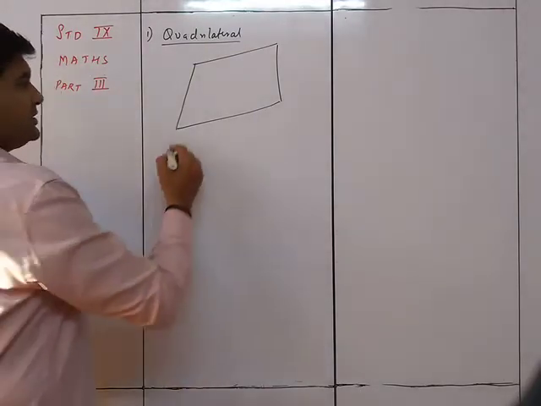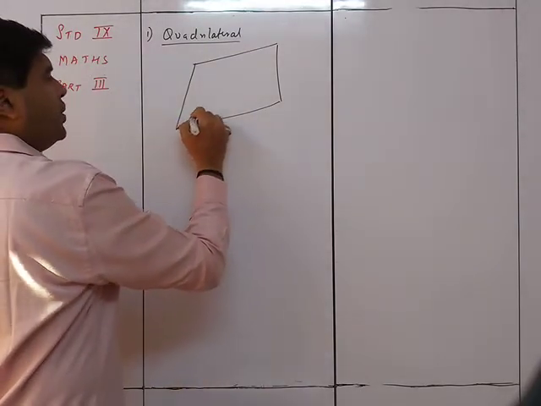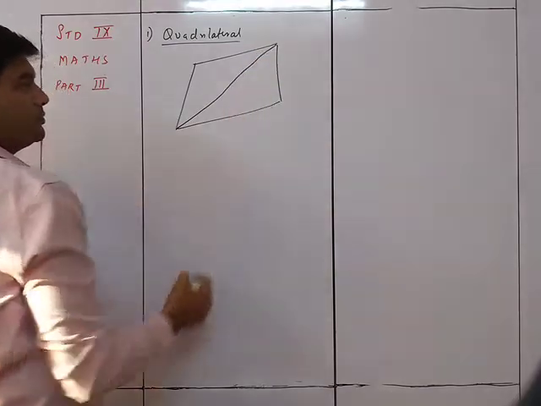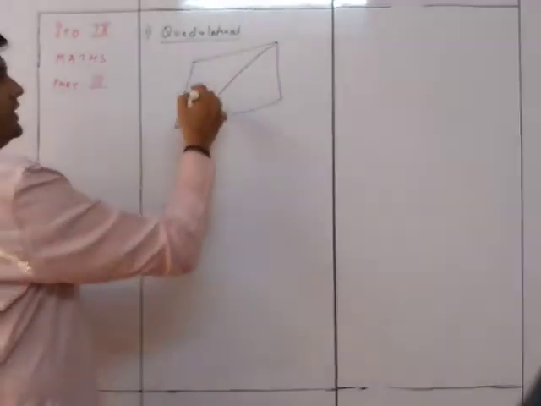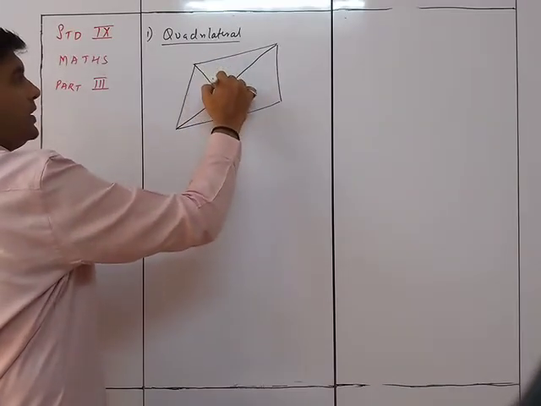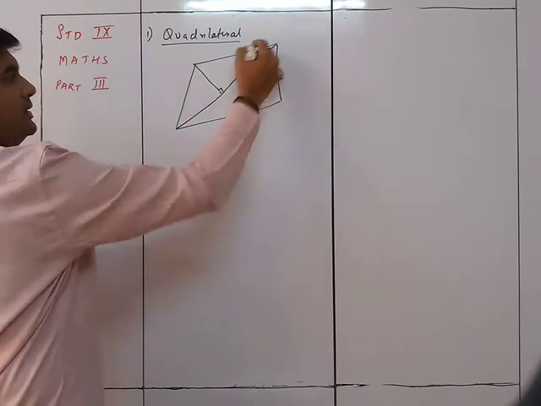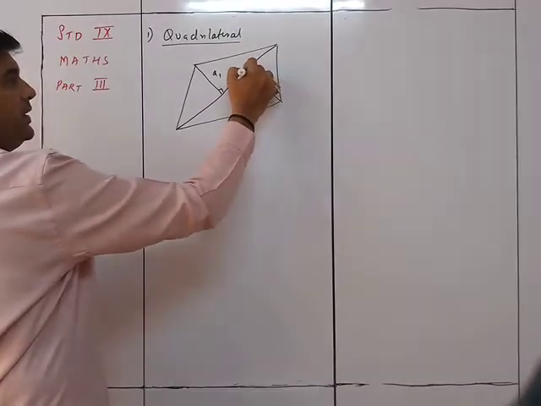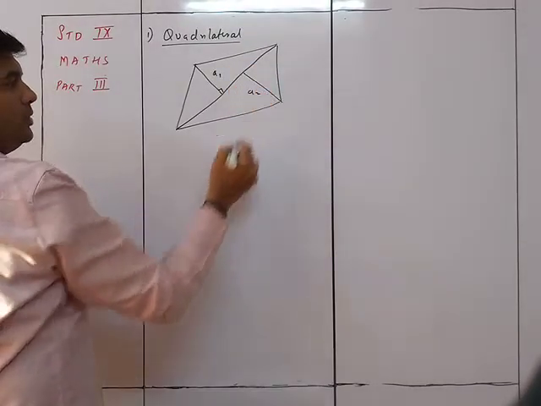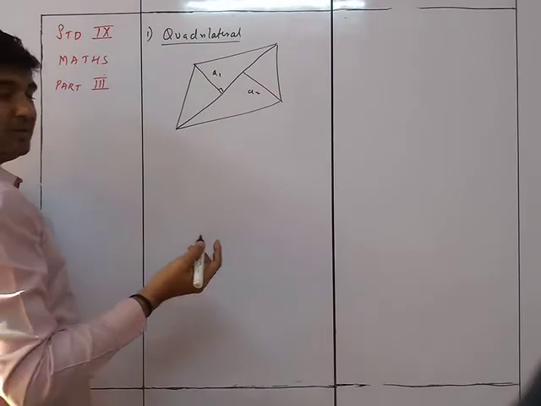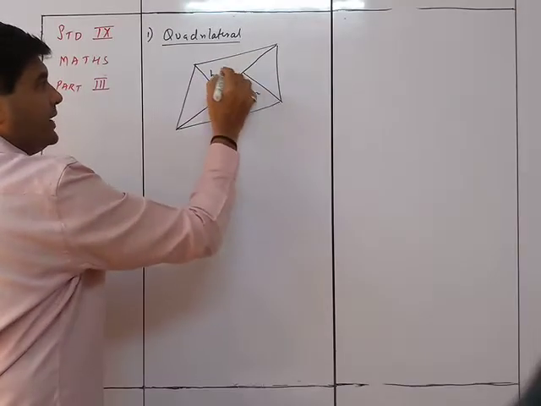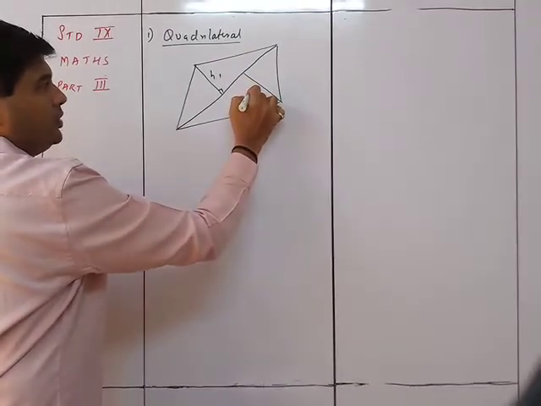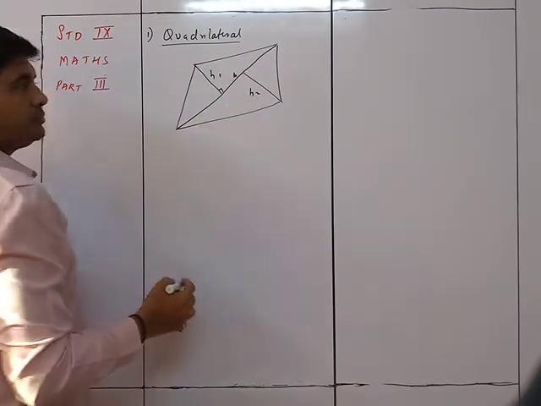In this case, if I know one of the diagonals, then I can take this perpendicular over here, and this perpendicular over here. I'll take this as H1 and this as H2, and this is the base.